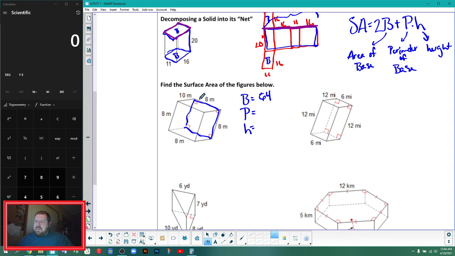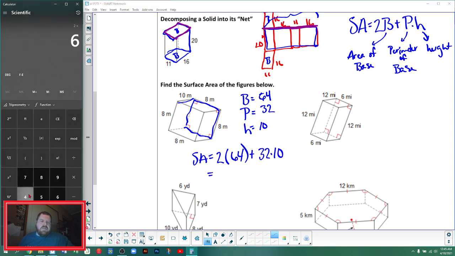What about perimeter of the base? 8, 8, 8, 8. 8 times 4 is 32. And then the height, the distance between the bases. This one's the height, and that's 10. So for surface area, we have 2 times the area of the base plus the perimeter of the base times the height.